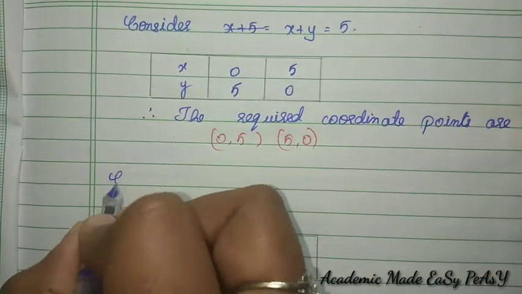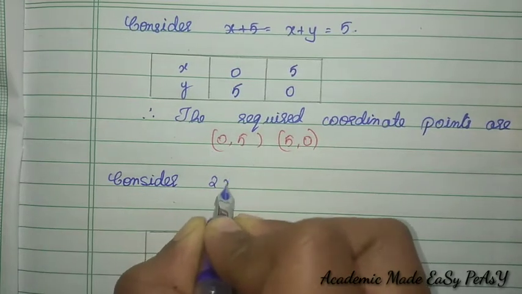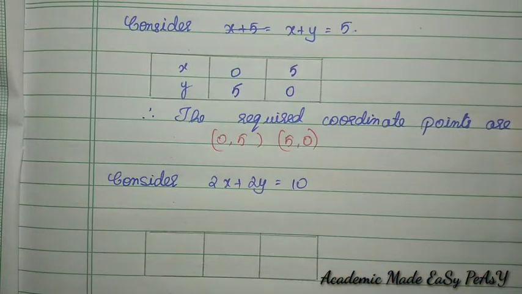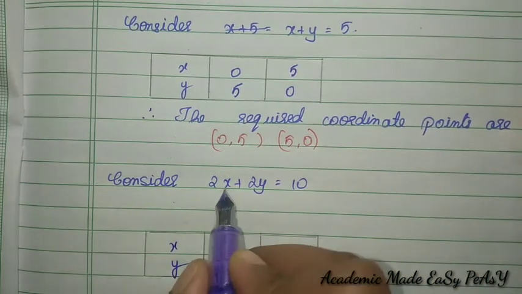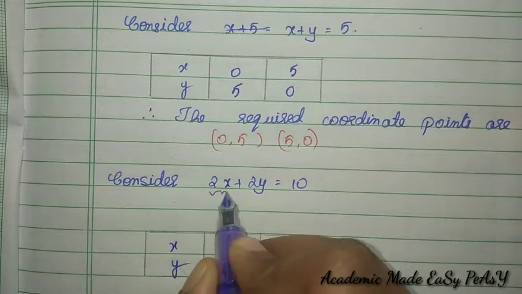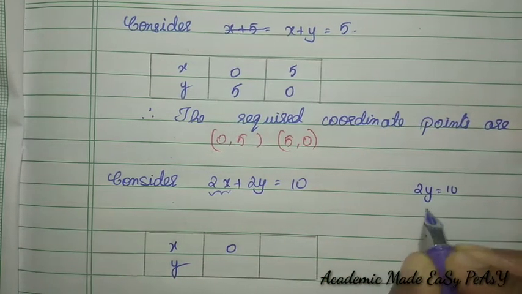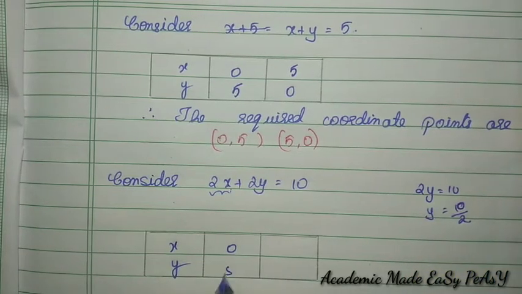Now consider the second equation, 2x plus 2y is equal to 10. Now x and y. Let me take x as 0 in the first case. If x is 0, the entire term will become 0, so 2y is equal to 10, and y is equal to 10 by 2, which is 5.